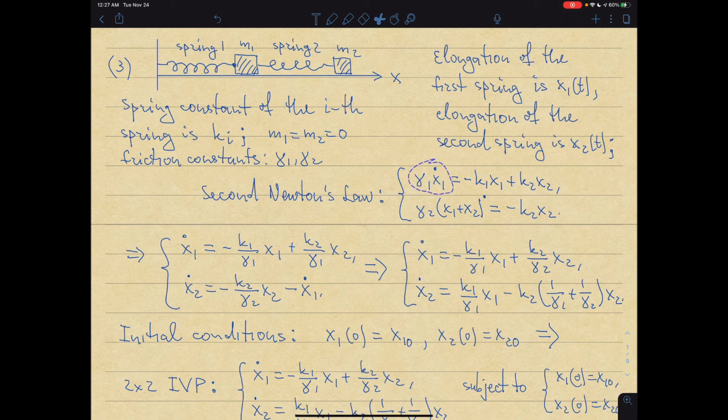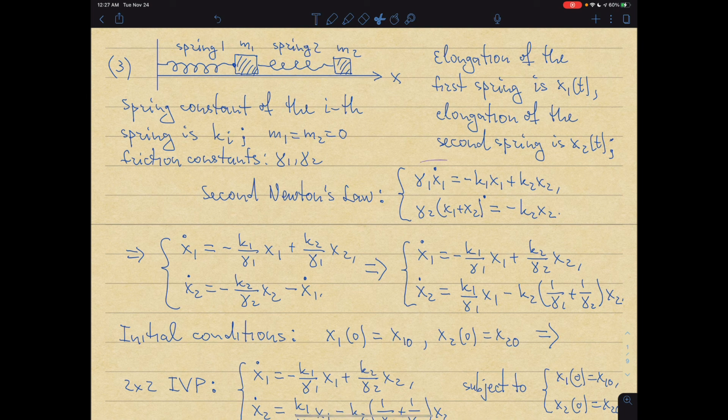And that friction force has to be balanced by forces due to springs. There is a typical force in spring 1, right? Minus k1 x1. And then there is a spring force in spring 2 that also acts upon the mass m1, but it acts upon it in a different direction, right? If spring 2 is elongated, then the mass will move in a positive direction.